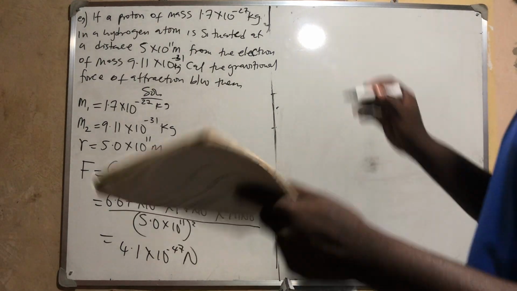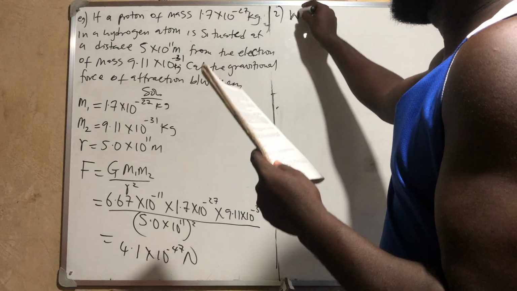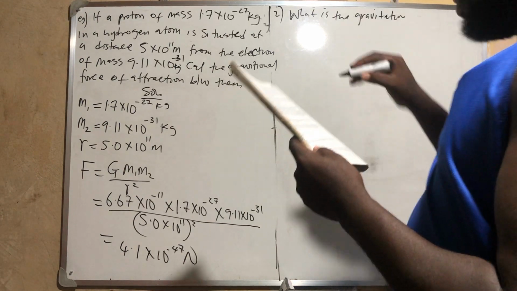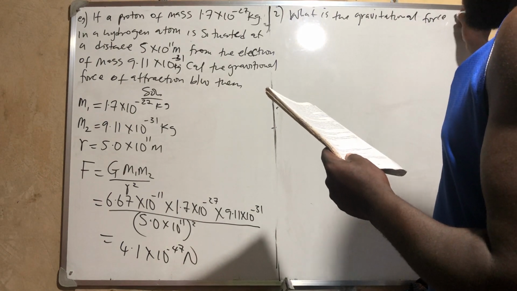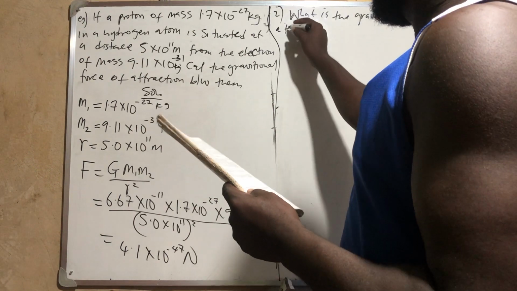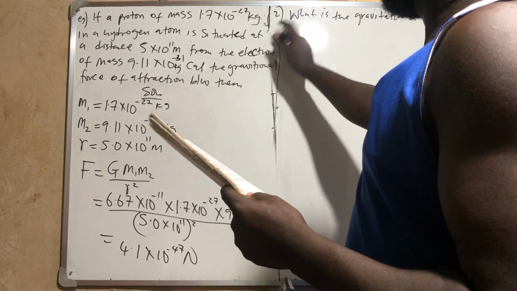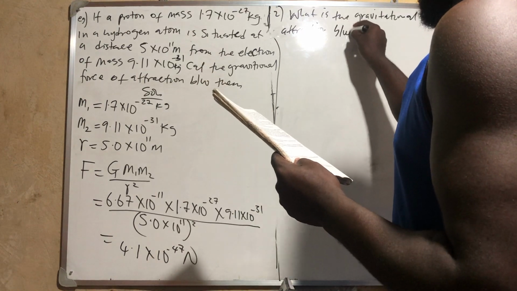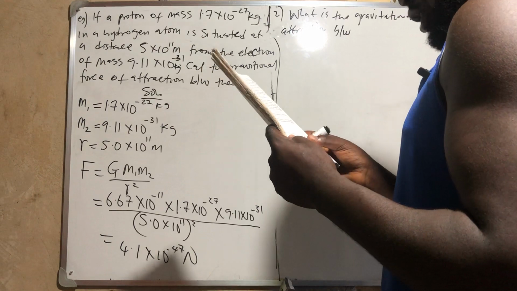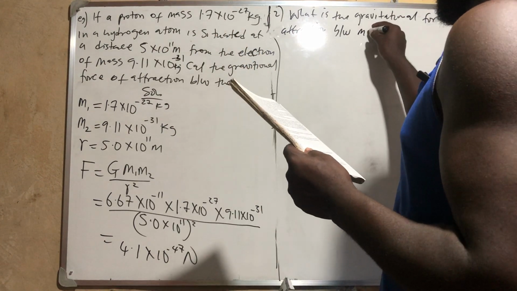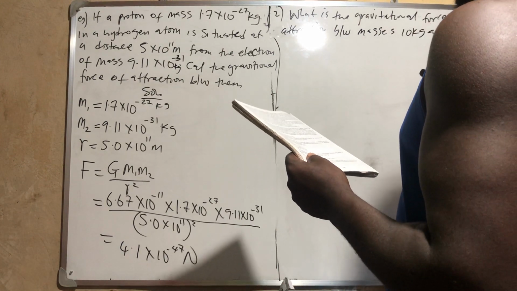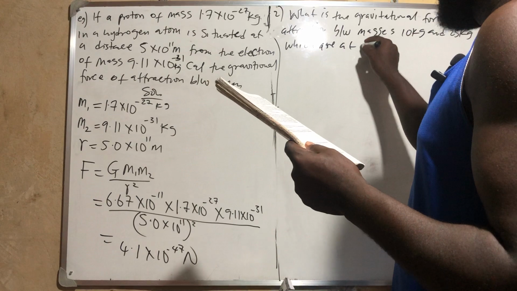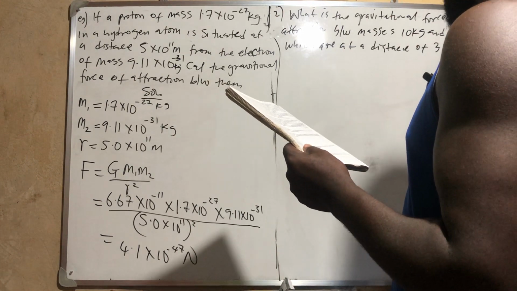So question number 2. Question number 2 said, what is the gravitational force of attraction between masses 10 kg and 25 kg, which are at a distance of 3.2 meter apart.